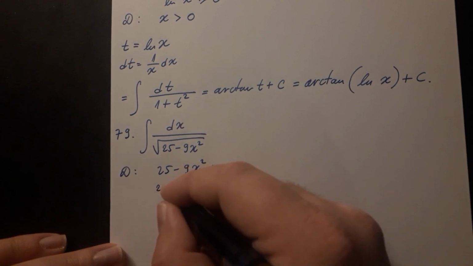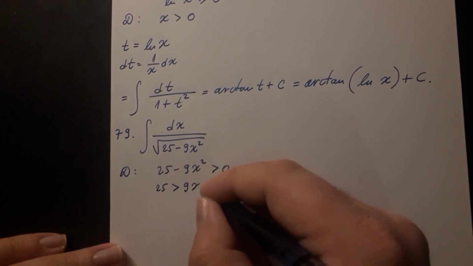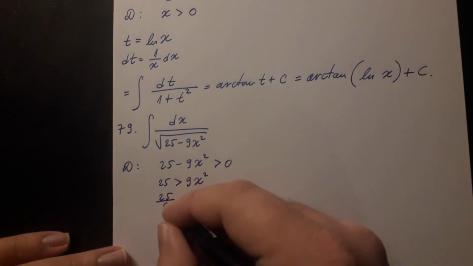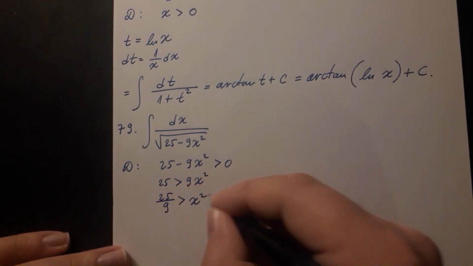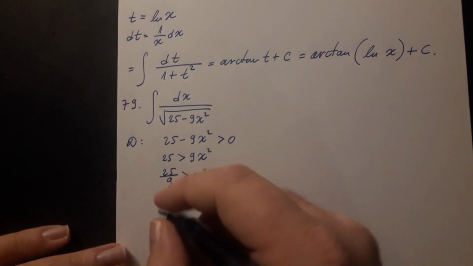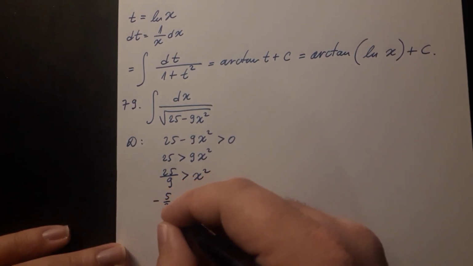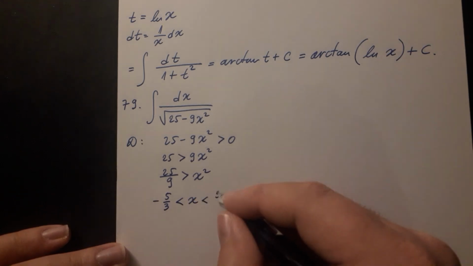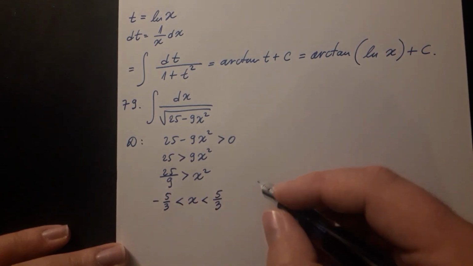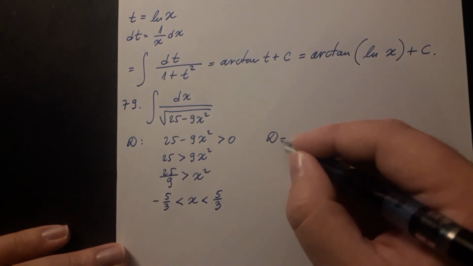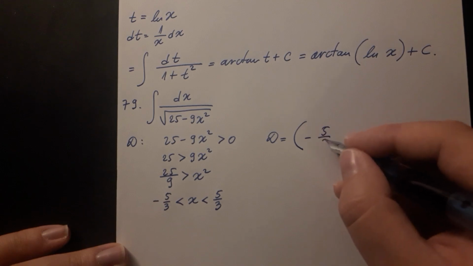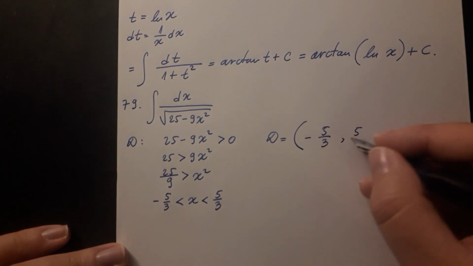That means that 25 is strictly larger than 9x squared, and that means that 25 over 9 is strictly larger than x squared. So minus 5 over 3 has to be smaller than x, and that has to be smaller than 5 over 3. So the area in which our integral is defined is an open interval from negative 5 over 3 to positive 5 over 3.